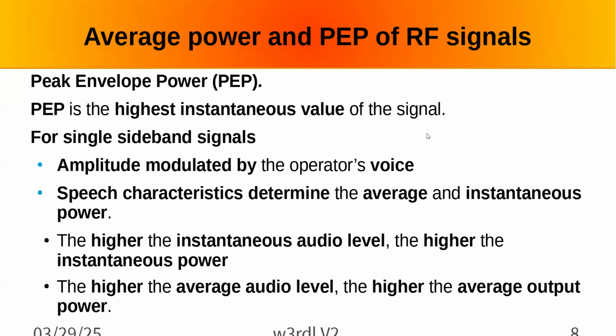So if you kind of yell or have a very high voice, you get a peak on there, you're going to see a very high peak envelope power, where the average power might be much, much lower. Probably going to have a higher average for a male than you do for a female, because most of theirs is going to be on the higher end.